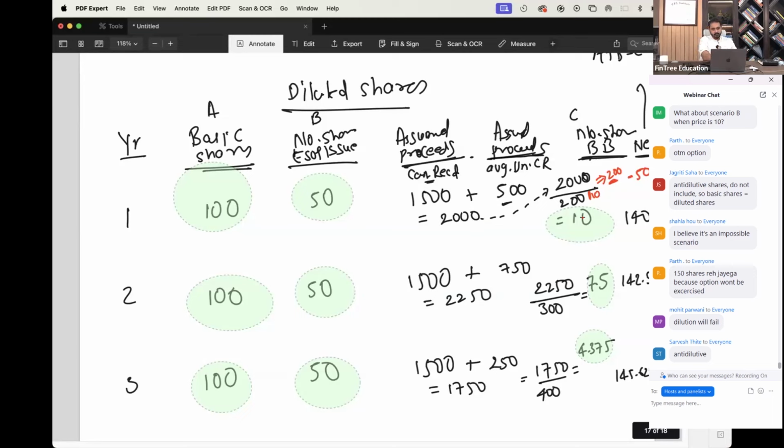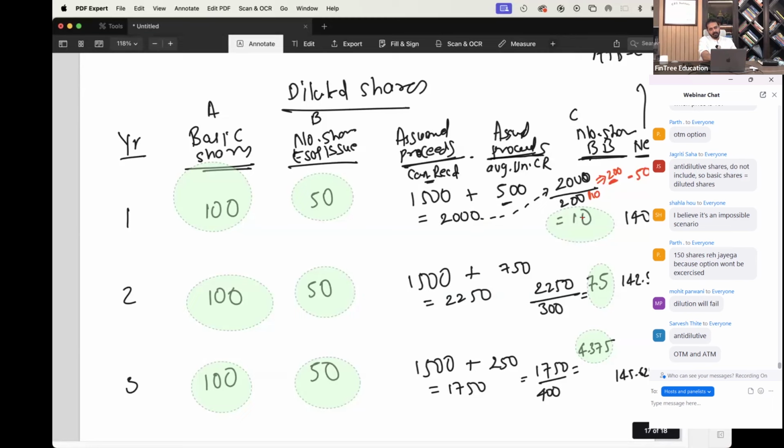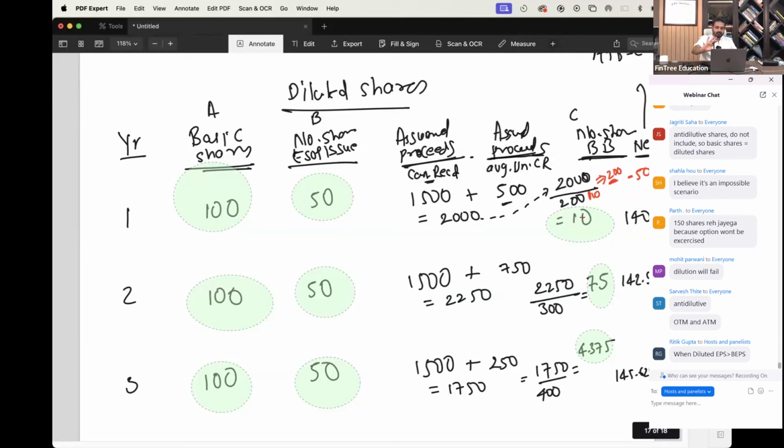ESOPs will become anti-dilutive when the share price has fallen dramatically. Don't get into OTM, ATM. If the share price has fallen dramatically, then the number of shares you can buy back will be higher than the number of ESOPs issued. And you cannot allow the diluted shares to be less than basic shares. Right? That's the basic principle. In that case, it becomes anti-dilutive. In that case, diluted shares is the same as basic shares, which is 100.